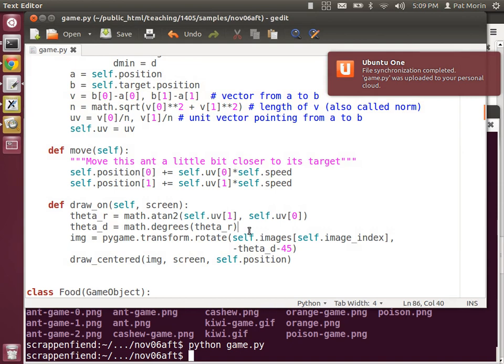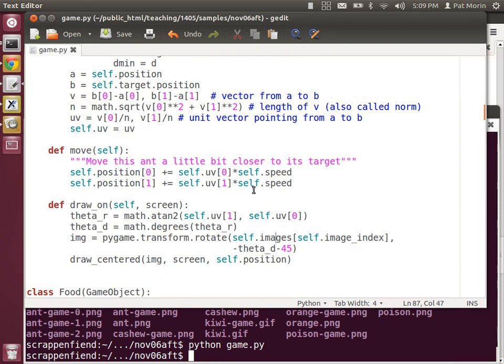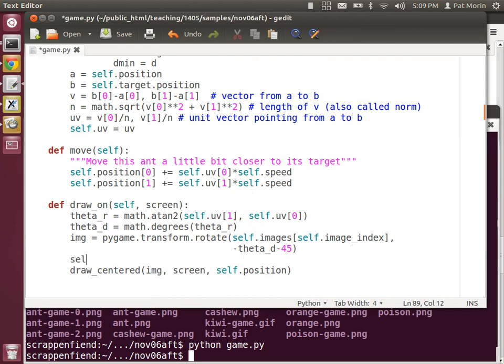Okay. So let's just make sure we still have something usable. Now it just looks like an ant with broken legs. And that's because we're not changing the image index. We're just always showing the same image over and over. When should we change this image index? After you draw it.